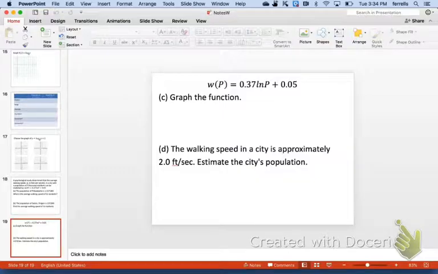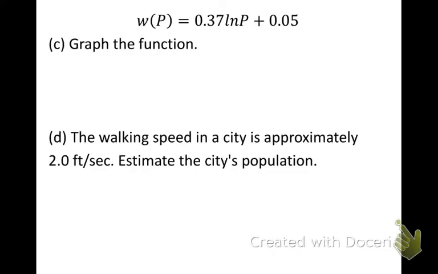All right, we need to set our equation equal to 2 because we know the walking speed is 2 feet per second. So we're going to have 0.37 ln of p plus 0.05 equals 2.